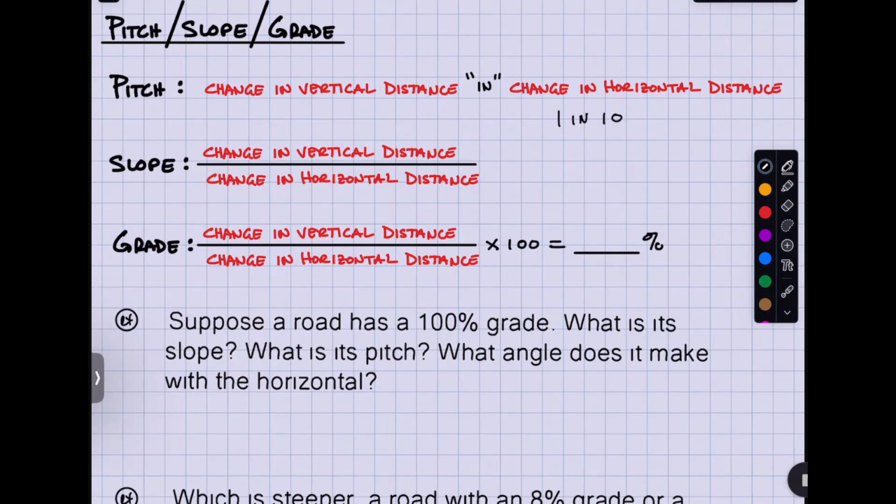The pitch that I just mentioned was 1 inch in 10 feet. That's when I would actually have to label those numbers, okay? But if I say 1 in 10, that could be 1 foot in 10 feet or 1 meter in 10 meters. That pitch is still exactly the same. But it's different from 1 inch in 10 feet. Make sense? Okay.